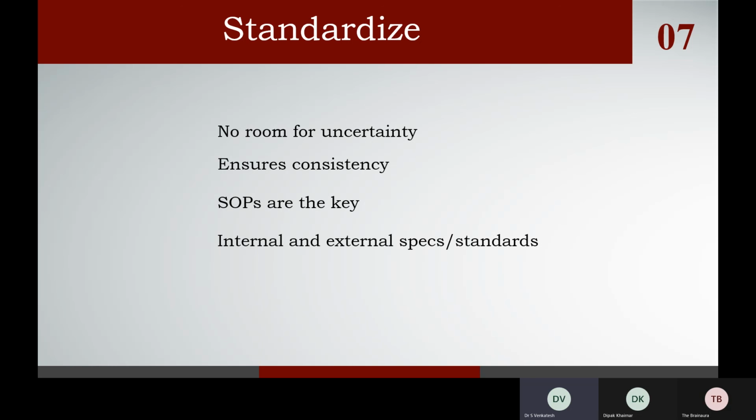In certain well-defined, well-evolved, and well-developed industries, they use the standard specs for their industry. But for other industries or other domains, we can evolve our own internal spec and internal standards. So that is the standardized step. Next slide, please.